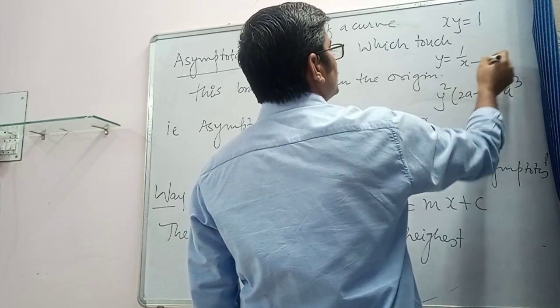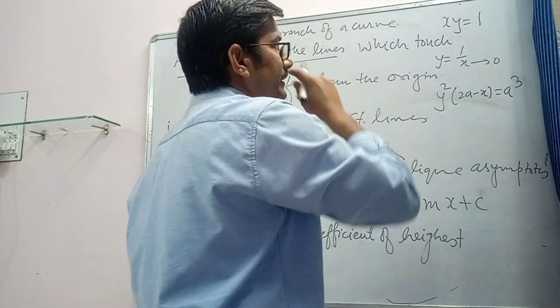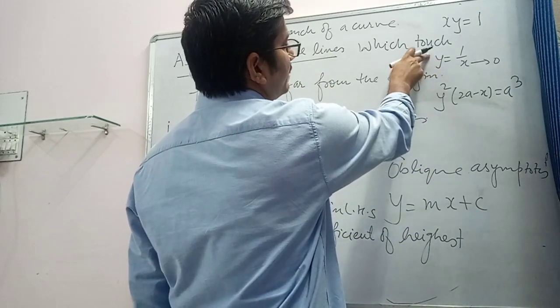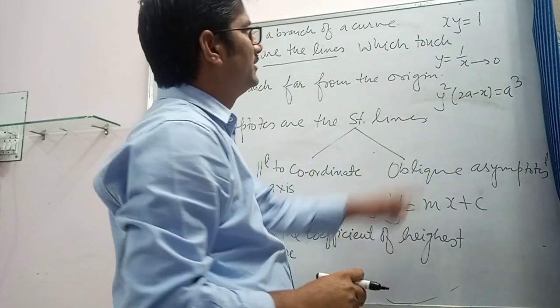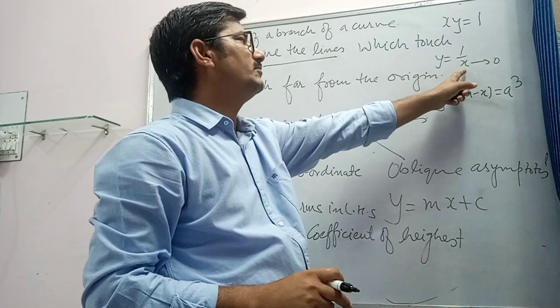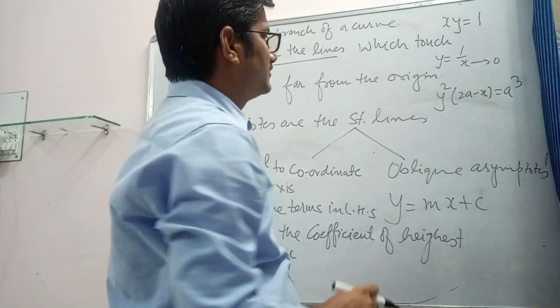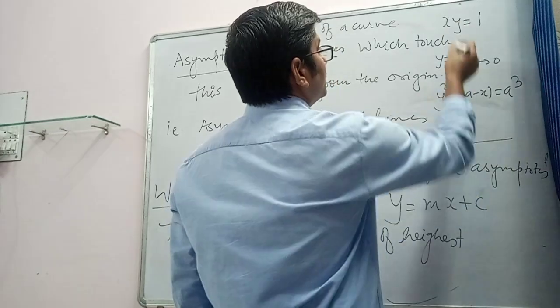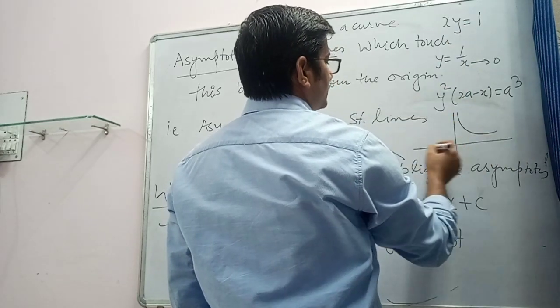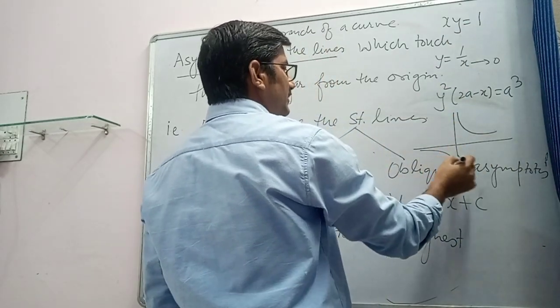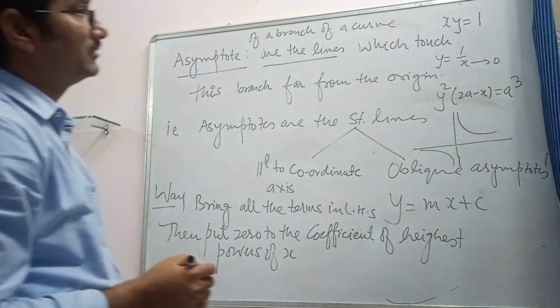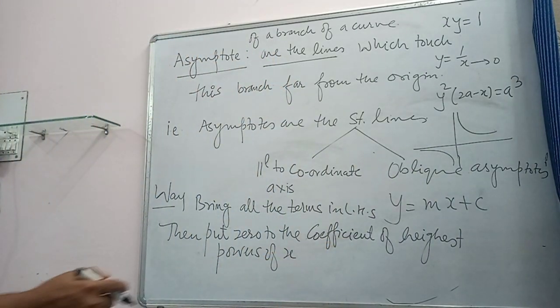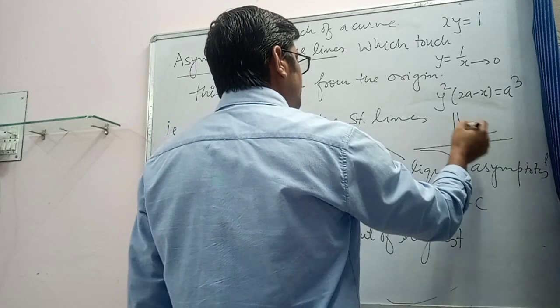If x tends to 0, y goes to infinity. And similarly, if we find the value of x from here, x is equal to 1 upon y, y tends to 0, then x goes to infinity. So both the axes, x-axis and y-axis, are the asymptotes for this curve. So it is a rectangular hyperbola. So these are the asymptotes, x-axis and y-axis.